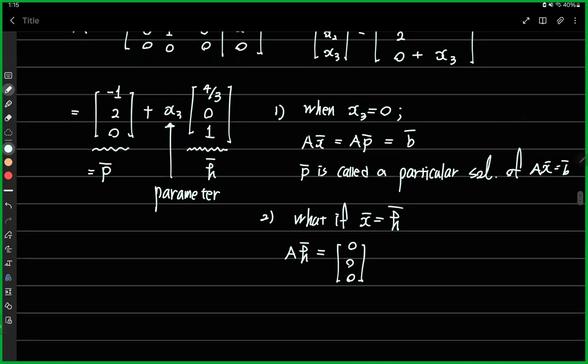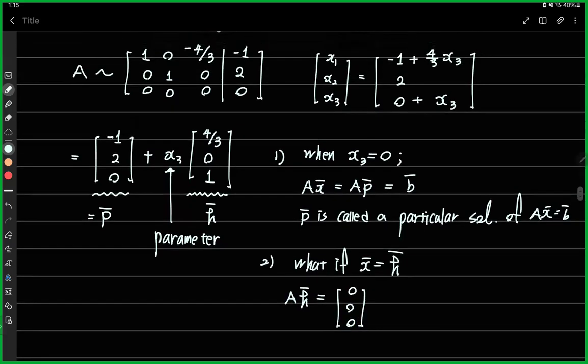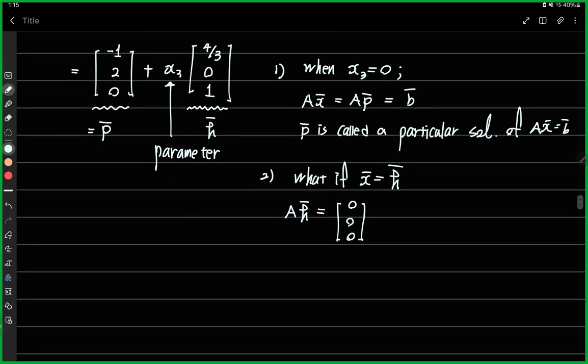You just compute AH, the matrix multiplication of A and H. Algebraically it's understandable, there is no problem understanding this. AH equals 0. That means H is a solution of the homogeneous system.